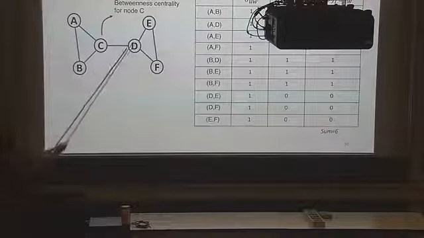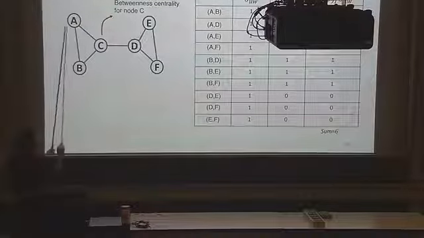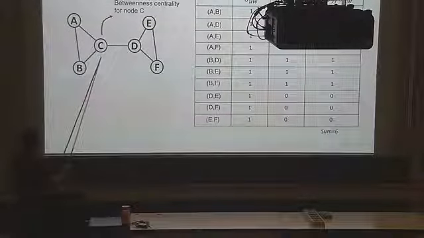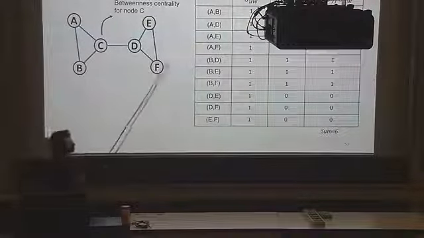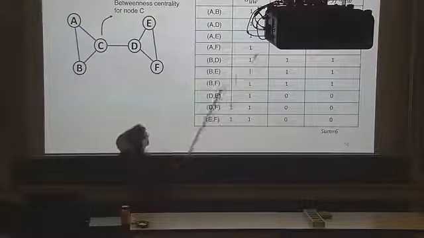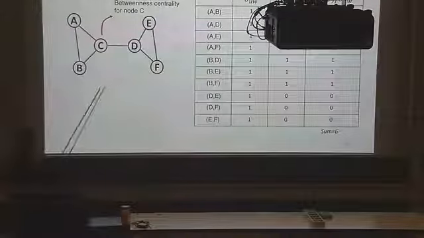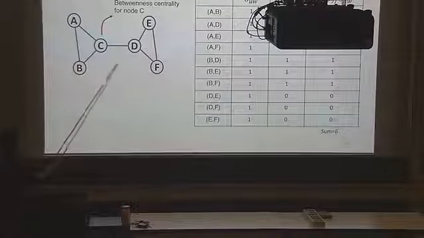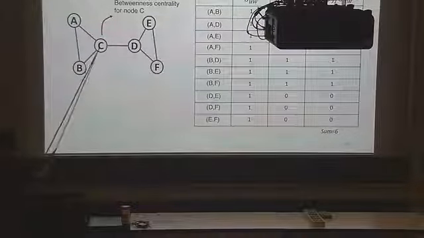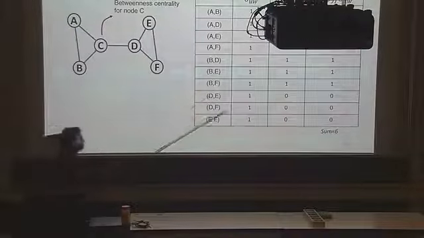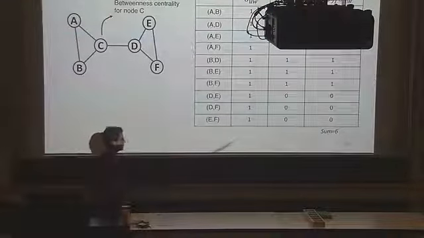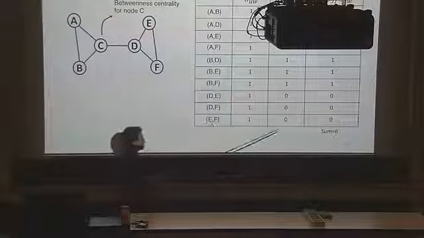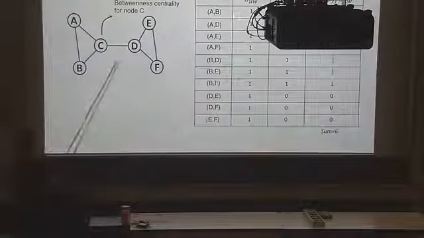A to E, there's one shortest path, this one, and it would go through C. So 1 over 1, then it would be 1. Well, we can do AF, for example. This is the shortest path, 1, 2, 3. It would also go through C. So then we have 1 and 1, and then again 1. So then you can do it for all the pairs and then sum them. The sum would be 6 here, and that shows that node C has a betweenness centrality of 6.